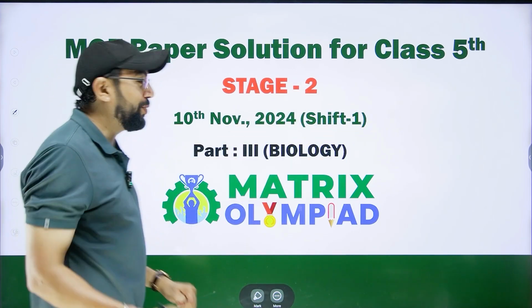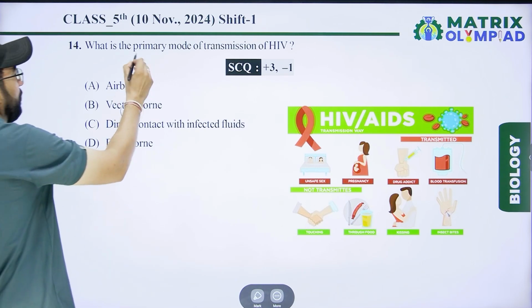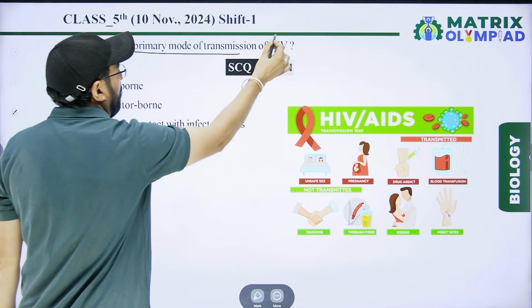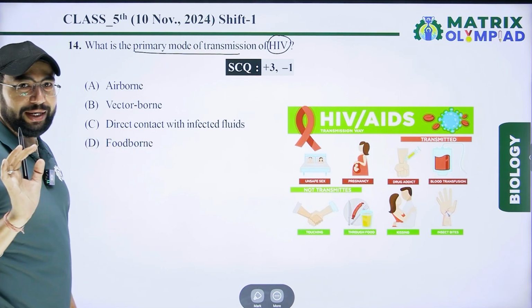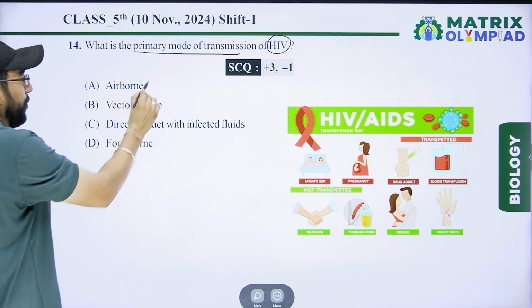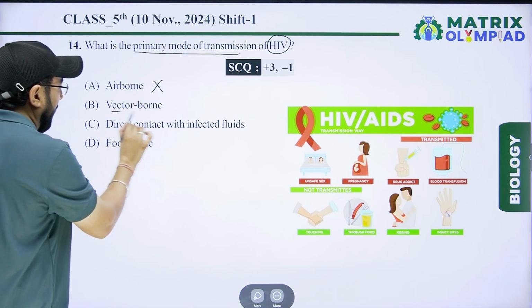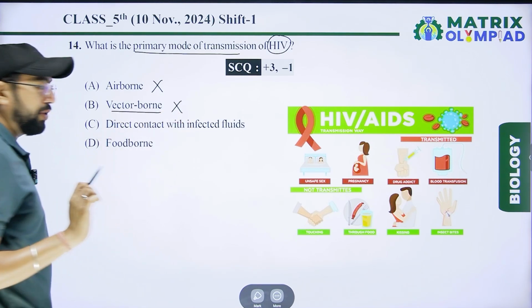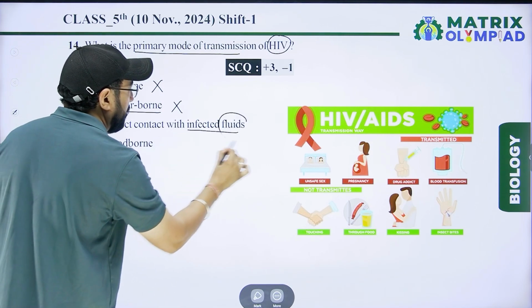Let's start. First question. What is the primary mode of transmission of HIV, human immunodeficiency virus? Airborne? No, that is wrong. Next, vector-borne? No, that is wrong. Next, direct contact with infected fluid.